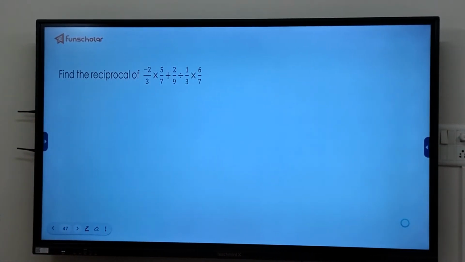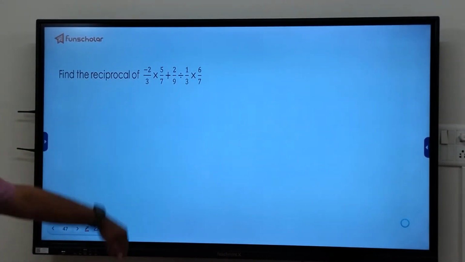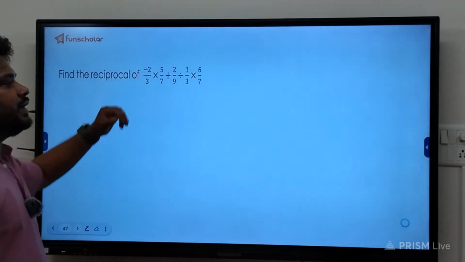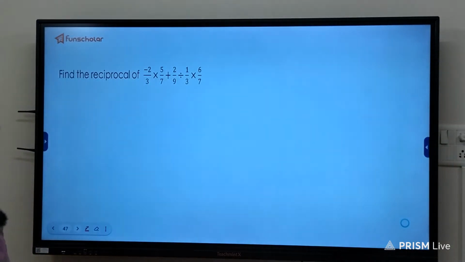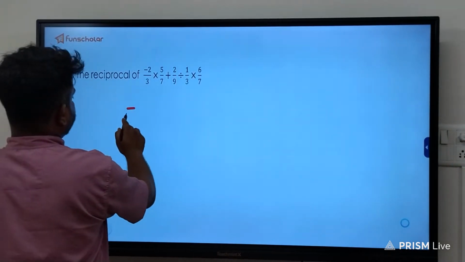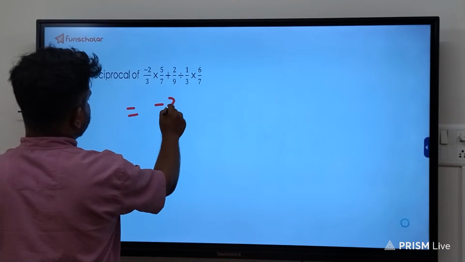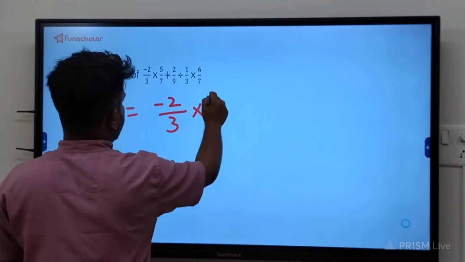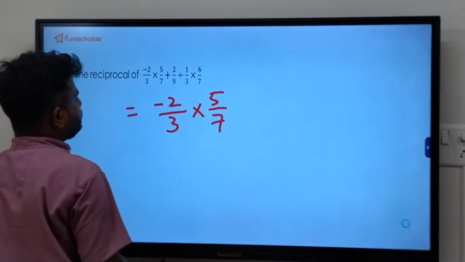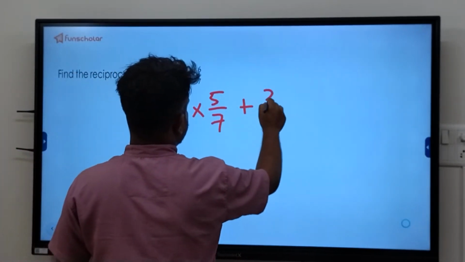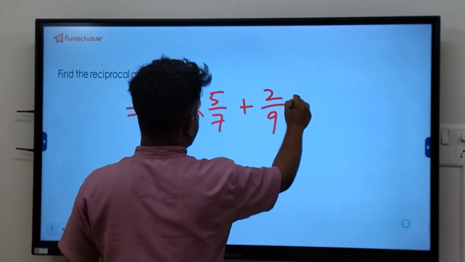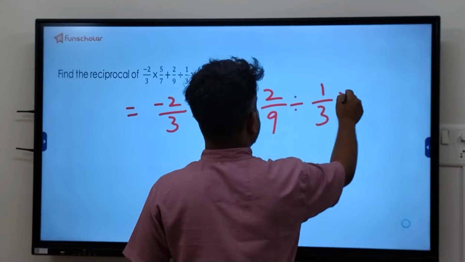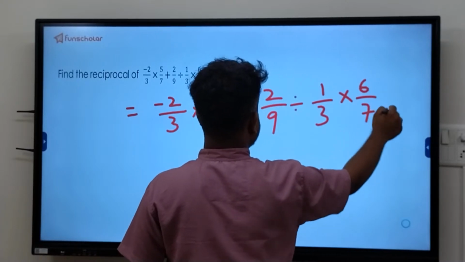Now find the reciprocal of this one. What we have to do is simplify this one, and then make the reciprocal. So, minus 2 by 3 into 5 by 7, then plus 2 by 9 divided by 1/3, then 6 into 6 by 7.